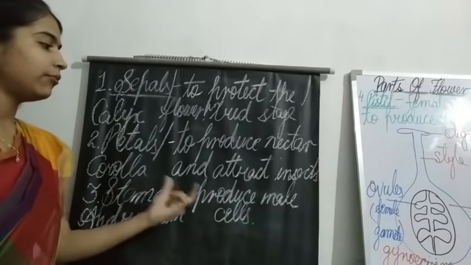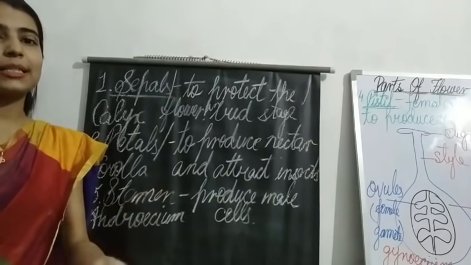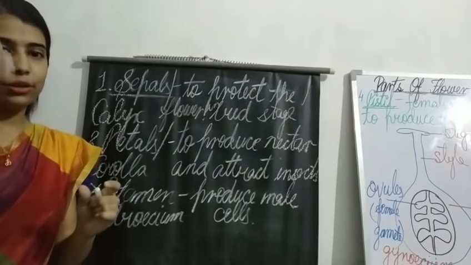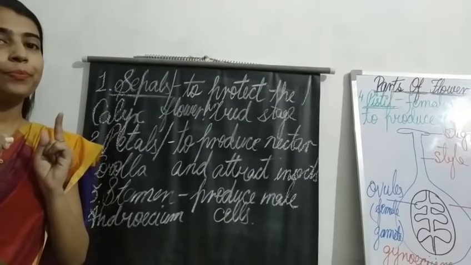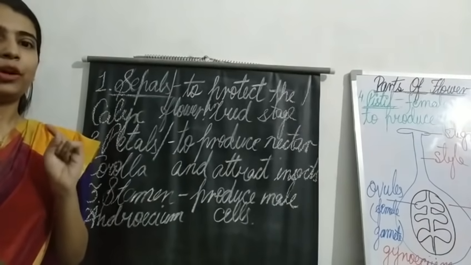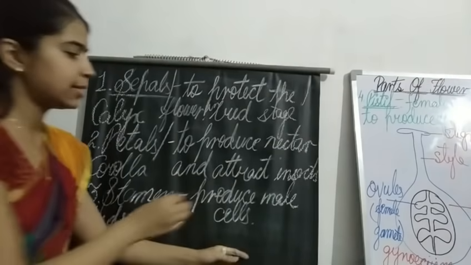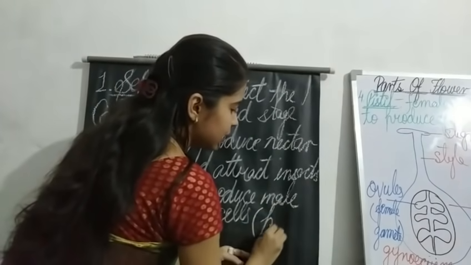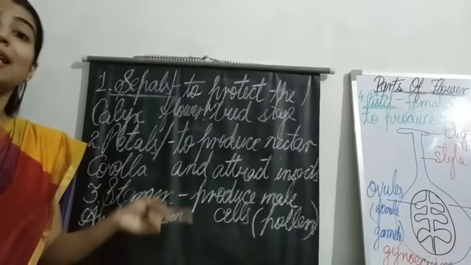It has two parts: the filament, the thin stalk-like structure, and the top broader portion, which is called your anther. Your anther will produce the pollen. So it produces the male cells, or pollen.